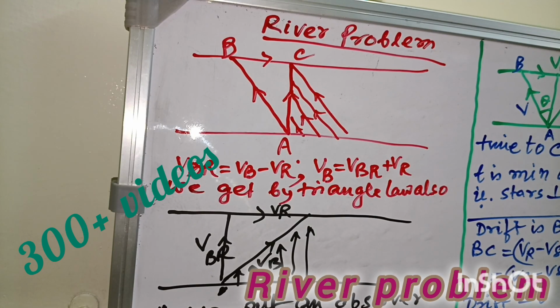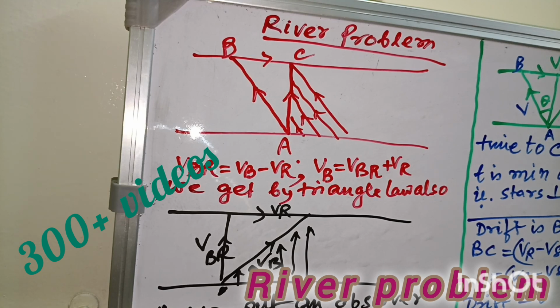So actually what he sees is that the boat goes from A to C. That means the velocity along A to C is the ground frame velocity, means absolute velocity. Whereas the velocity from A to B is the relative velocity of the boat with respect to river.